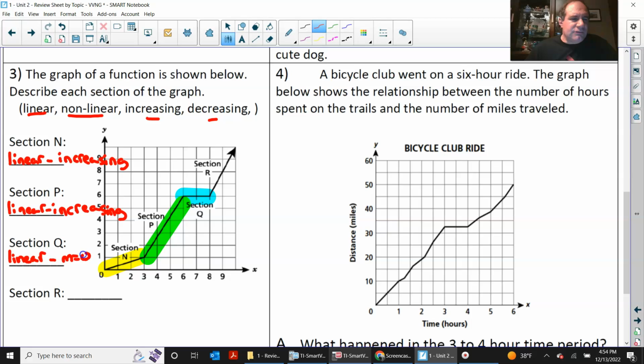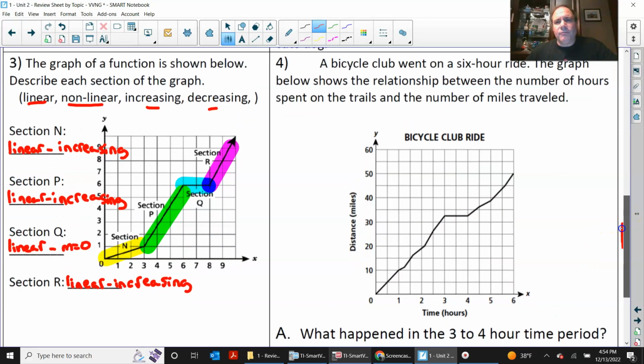So it's not increasing or decreasing, but that has a slope of 0. Any horizontal line has a slope of 0. Remember, vertical lines have an undefined slope. So if we have one more color in highlighter right here, that section there is R, and that is linear and increasing. And that is that.